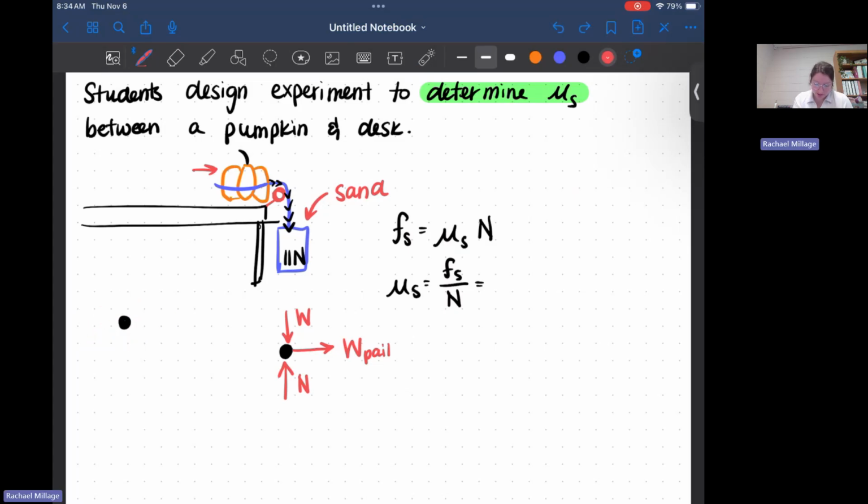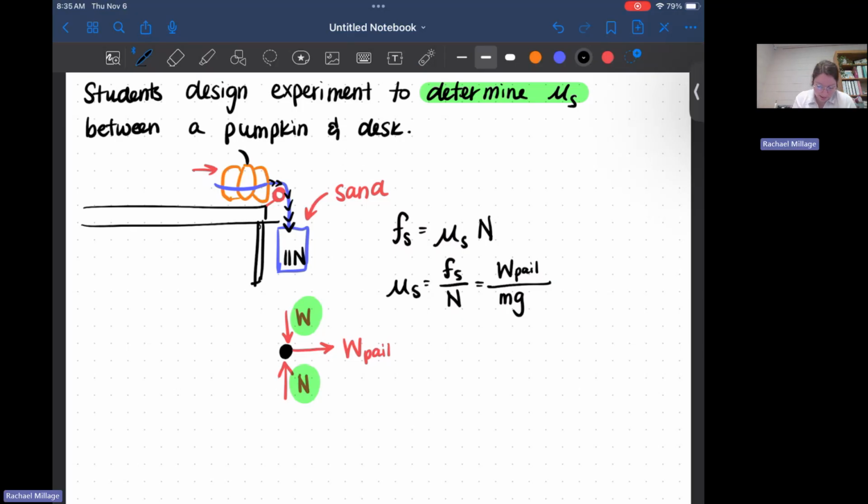So the assumption that I can make there, or the conclusion that I can draw, is that my static friction is going to equal the weight of the pail as soon as the pumpkin starts moving. And I know that my normal force is going to be equal and opposite to my weight, right? Weight and normal force, we don't have any sort of acceleration in the y direction. So I could also say that this N, my normal force, is equal to mg.